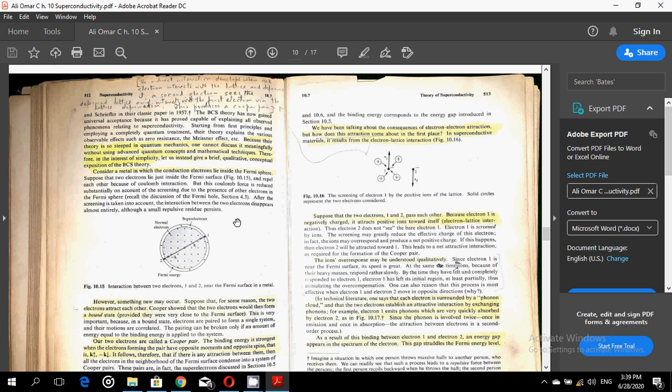So there are several Cooper pairs. So instead of considering the single electron, we will consider these Cooper pairs. Each electron just near the surface is paired up with another electron diagonally opposite. So we have shown such two electrons, number 1 and 2 here.